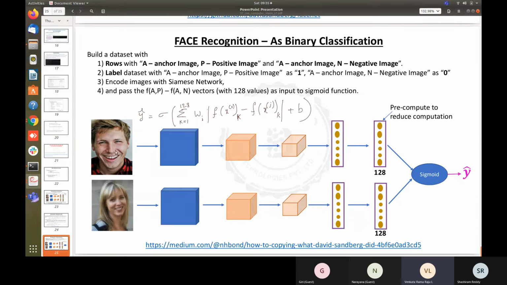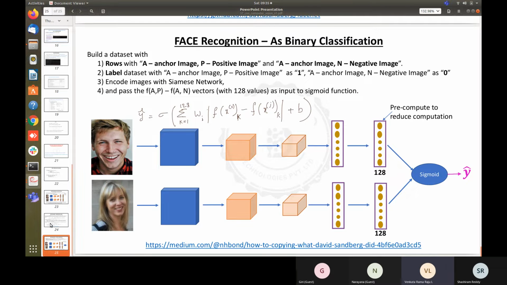We actually have to build this network. So let me show you that. A row with anchor and positive, and a row with anchor and negative: two rows. Label anchor and positive as 1, anchor and negative as 0, encode the image using the Siamese network, and then there is a cost function.